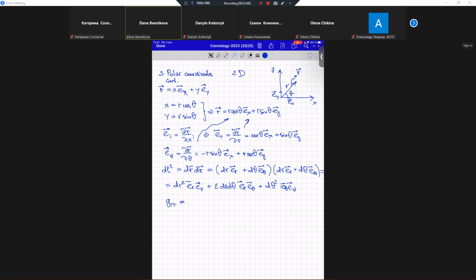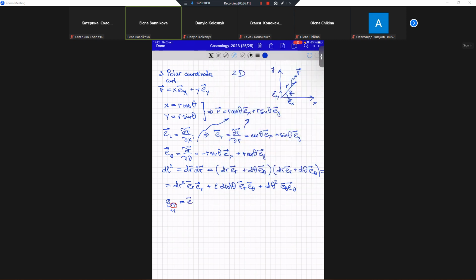Sometimes it's useful to put as the indexes the same letter as the coordinate. We could of course put 1, 1, but it's much more convenient sometimes to put exactly the letter in the indexes related with the coordinate, to remind us with which coordinate this component of the tensor is related.